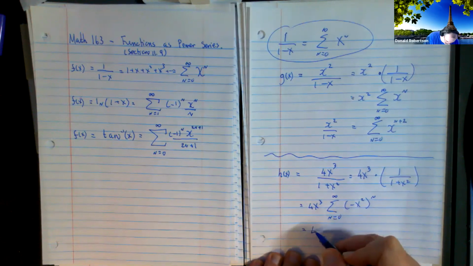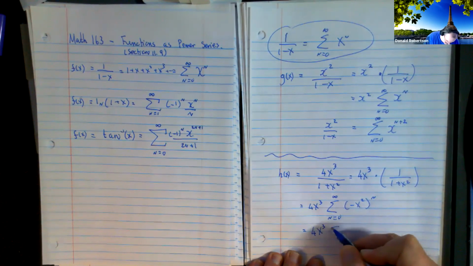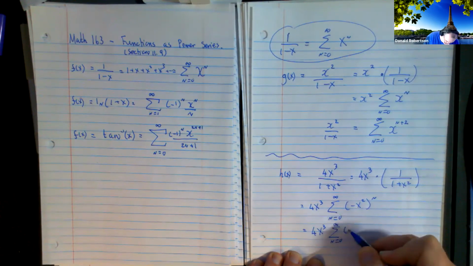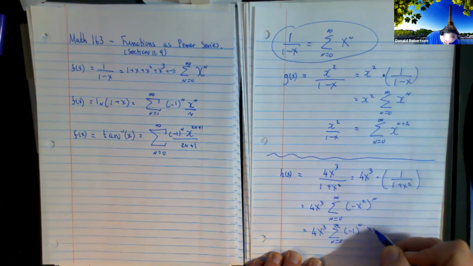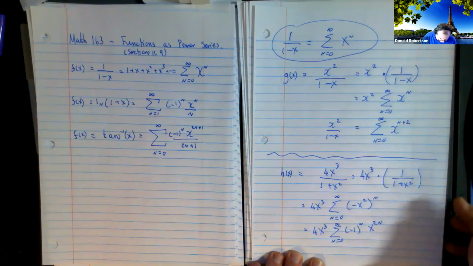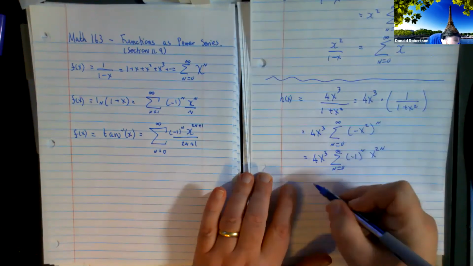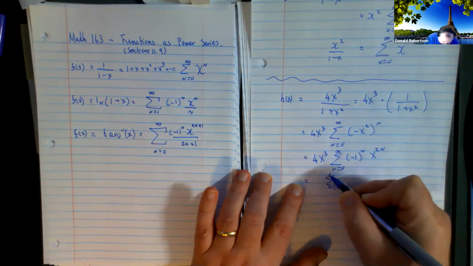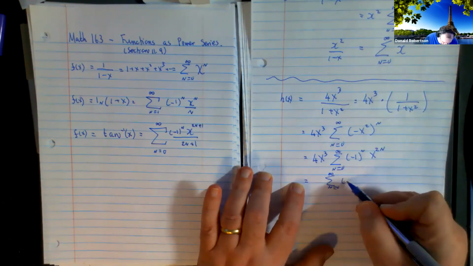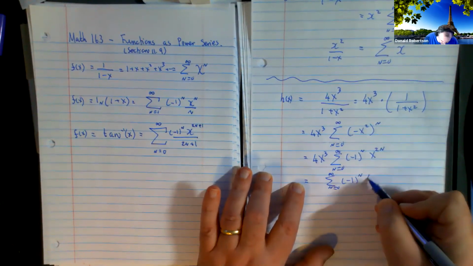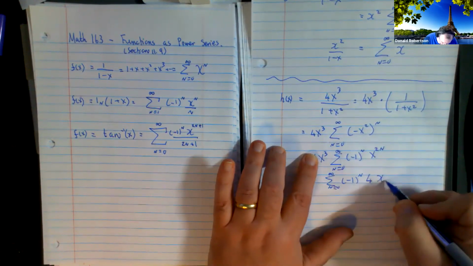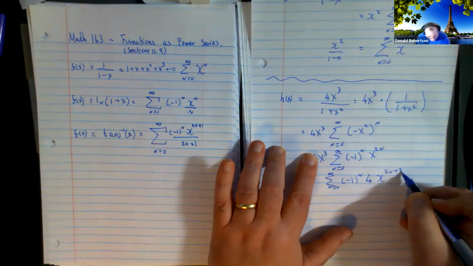The next few lines are style points. -1 to the n, x to the 2n. And the last line is just get everybody together. So how about -1 to the n, a single 4, and this combined get you that.